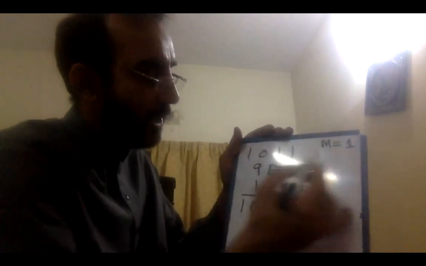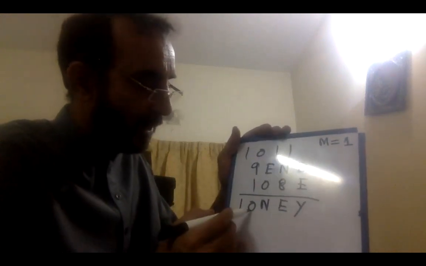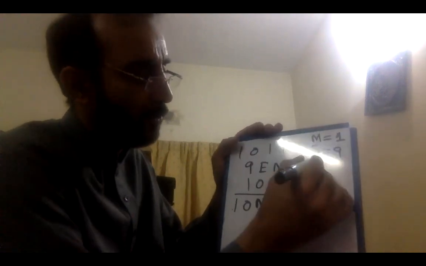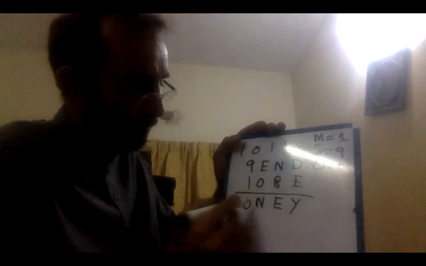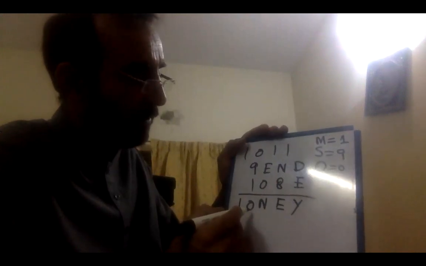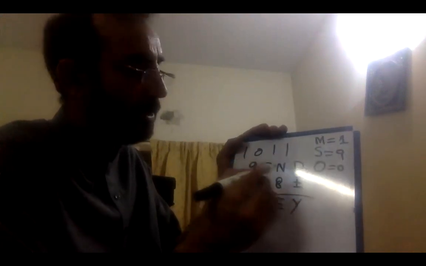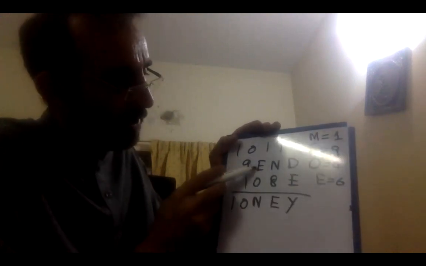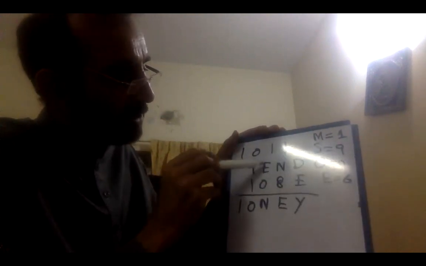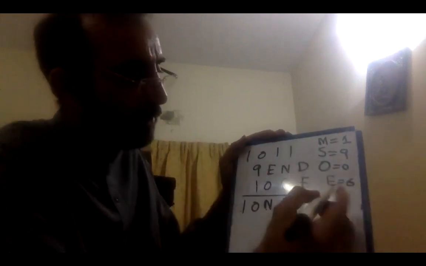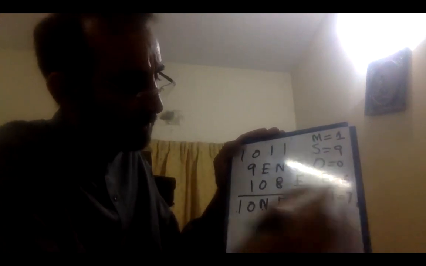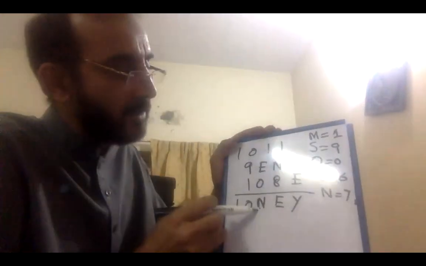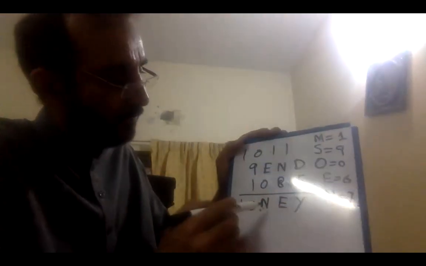So this is the situation on that slide. M is equal to 1, S is equal to 9, O is equal to 0. And if I put E equal to 6 here, then 6 plus 1 is 7, so I will get N equal to 7 here, which I have written here.